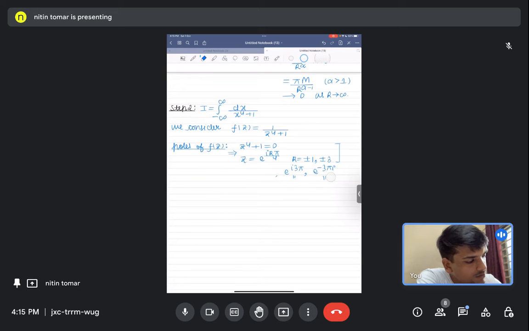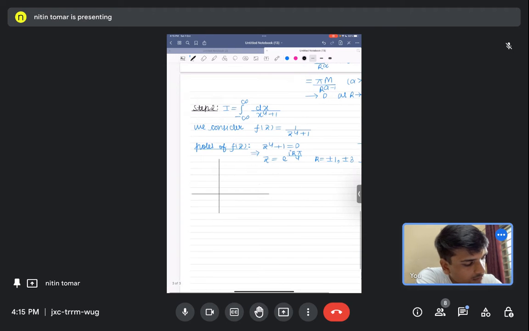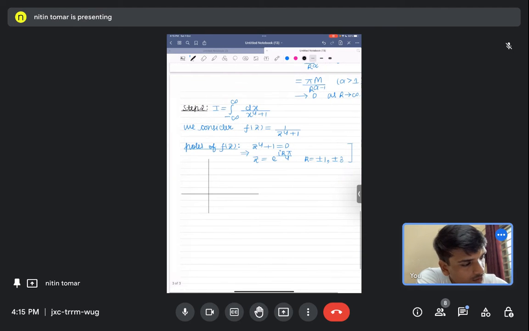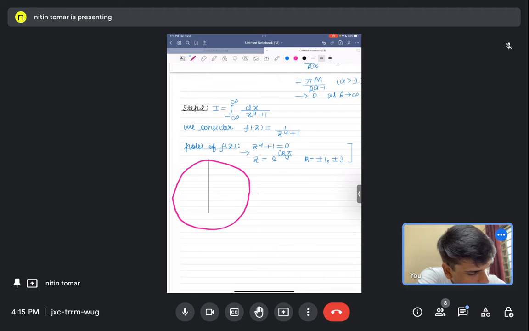Now what are the poles that lie in the semicircle that we saw above? So again we are going to choose that semicircle only. I'll have to draw something bigger.